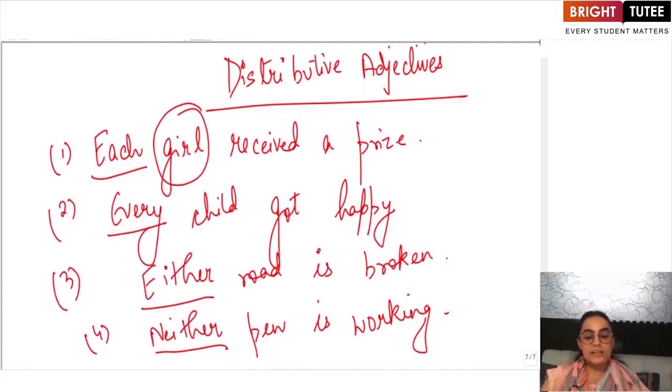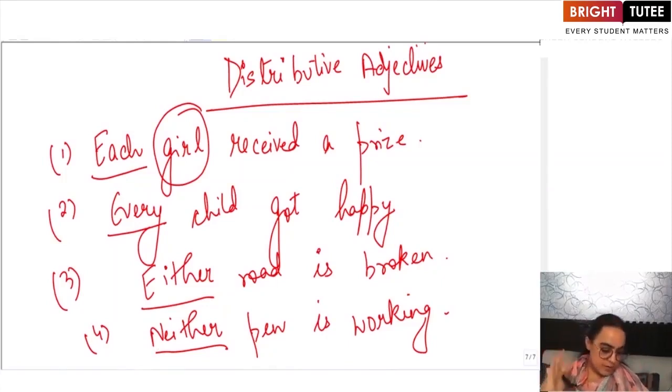Again, it is telling us that every child was happy. Again, distribution factor. Either road is broken. There are two roads and one of those two roads is broken. If I say neither pen is working, that means there are two pens and none of these pens is working.